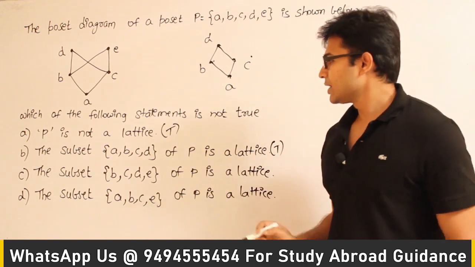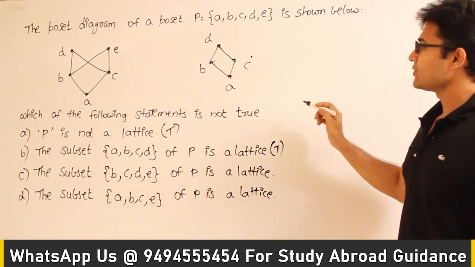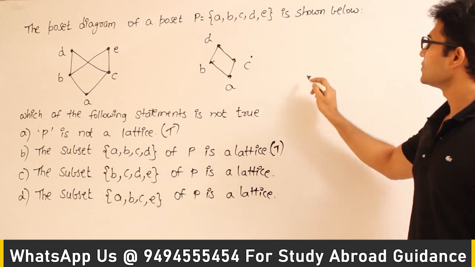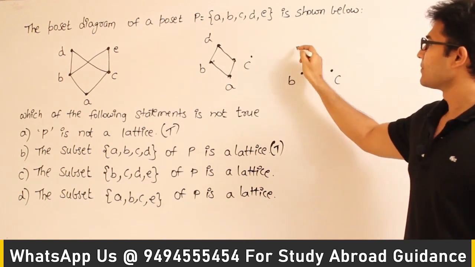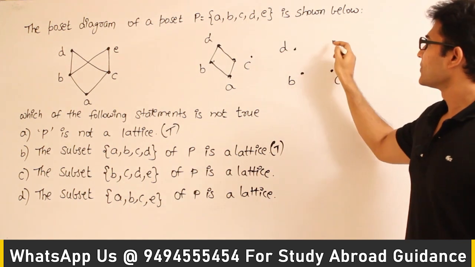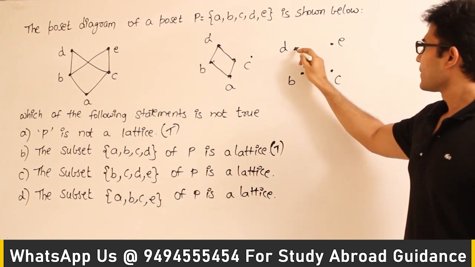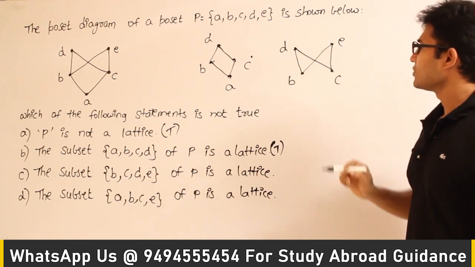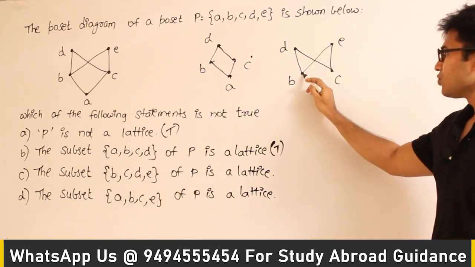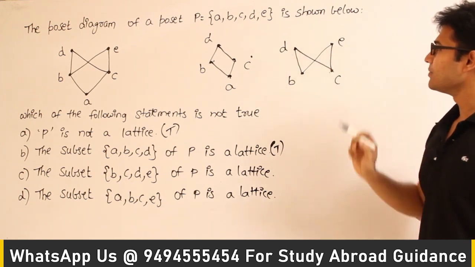And the next one is {B, C, D, E}. They are asking about B, C, D, E. So just see this, B is here, C is here. It is just a kind of subgraph, isn't it? Now if you take this, we have 2 minimal elements and 2 maximal elements.